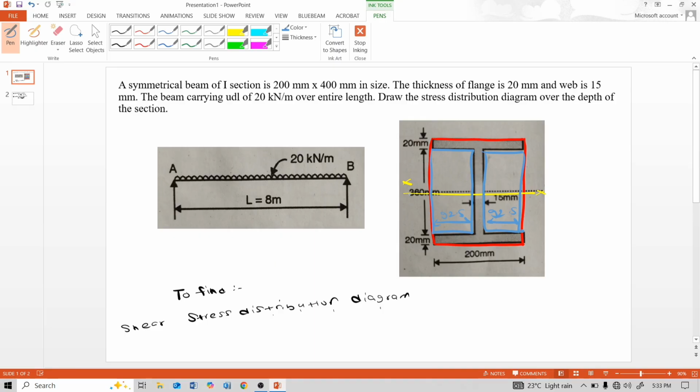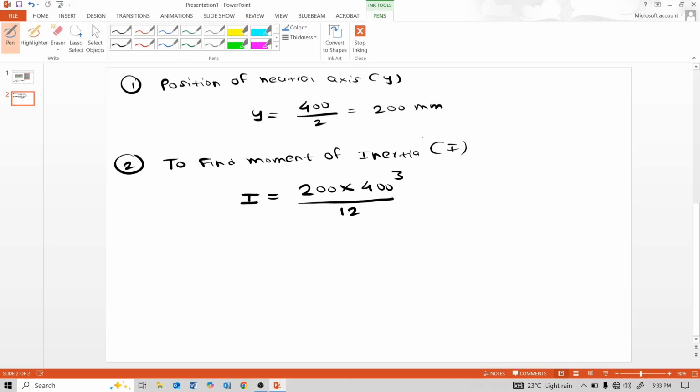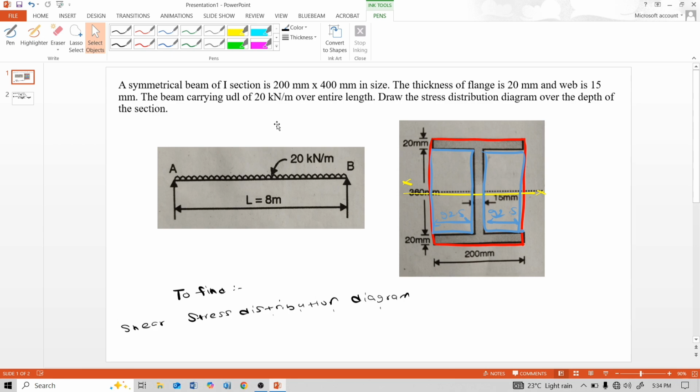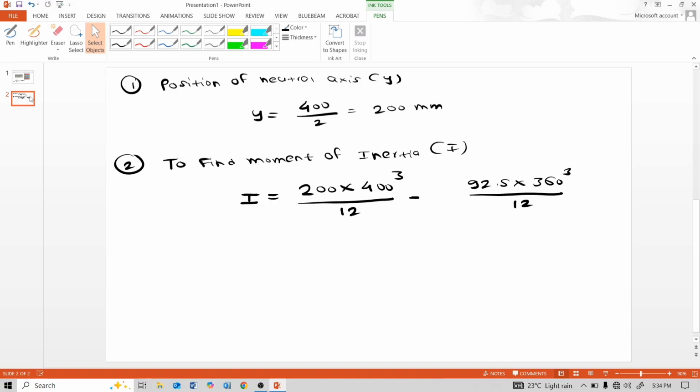The moment of inertia about this yellow x-axis is 92.5 multiplied by 360 cube divided by 12, and these are two rectangles, so here we multiply by 2.